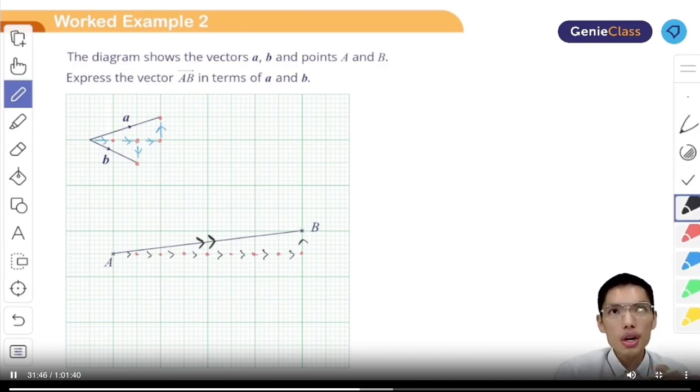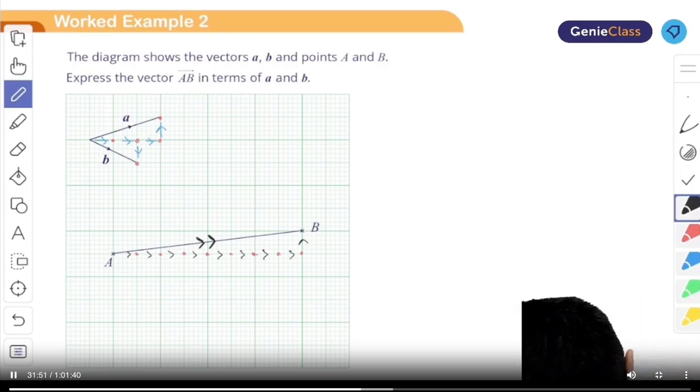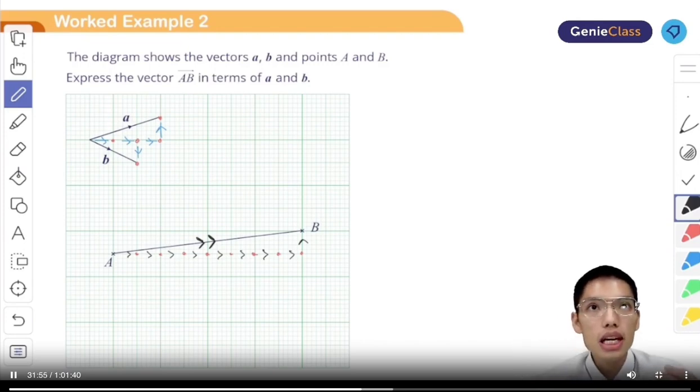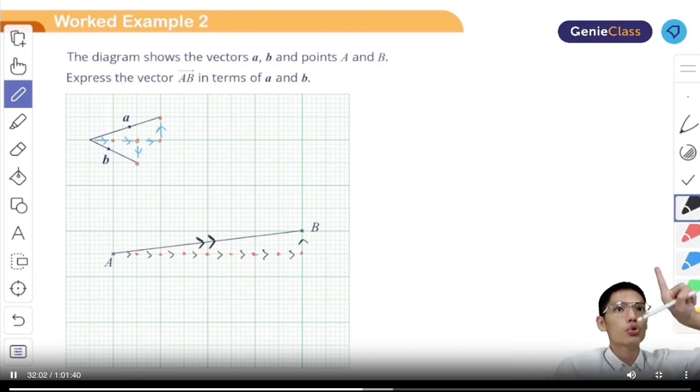So maybe let's draw A 2 times and see what happens. If I were to draw A 2 times, it's going to be 6 forward, 2 up.